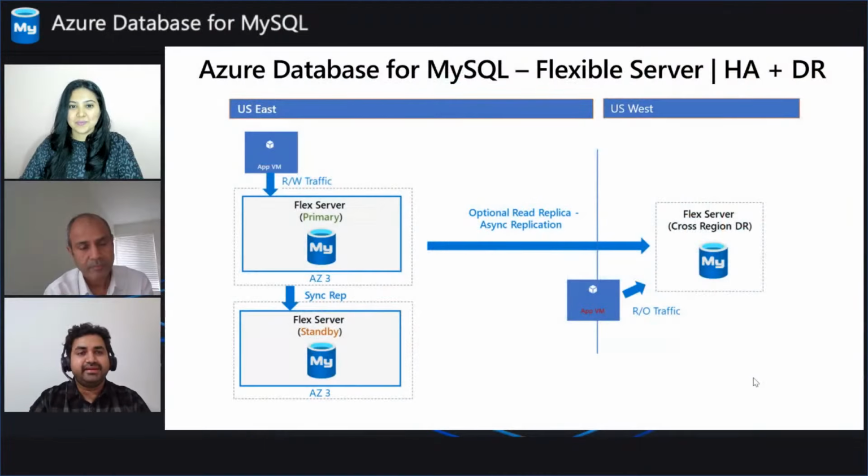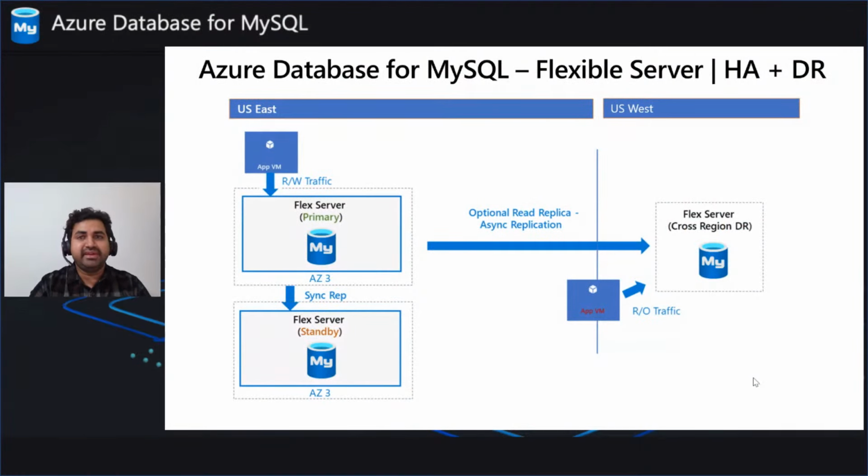As Shreya said, this is a very common scenario where many of our customers would like to do a DR drill, not alone in the same region, but they would also like to do a DR drill into a different region. But that is a blocker.